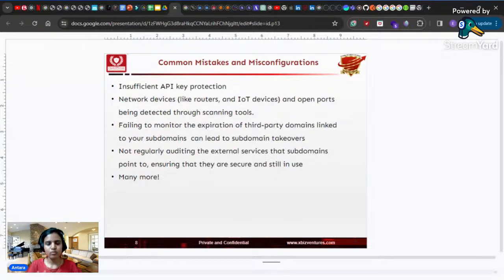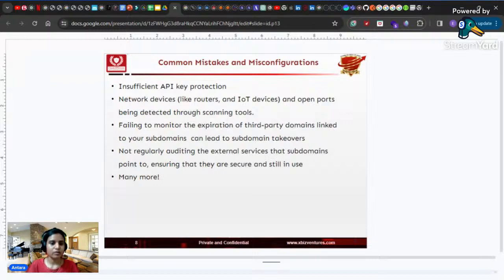We monitor the third party domains that are linked to the target's domain and subdomains, and then we find if a particular subdomain or its certification has expired, right? Then we purchase the domain, take the ownership of it, host similar content to the target, and then perform phishing attacks on it. We have done it for a couple of organizations as well.